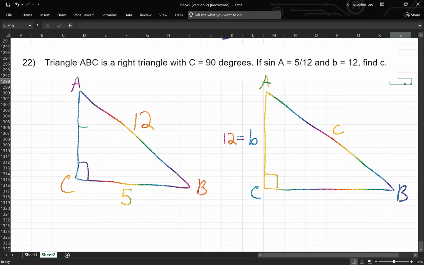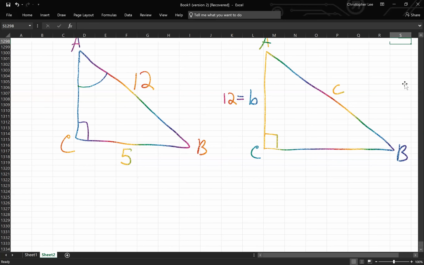Angle A is up here, opposite over the hypotenuse, 5/12. You have a similar triangle where the leg B is 12. They want to know what is C. This might sound confusing, but I promise you it's mad simple.